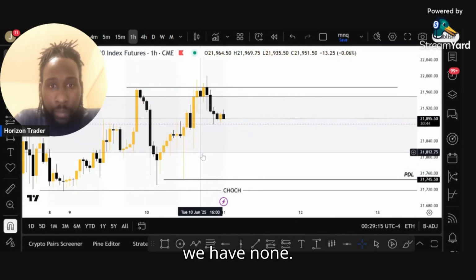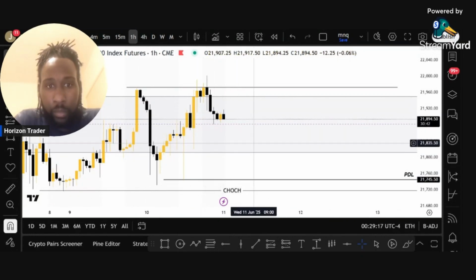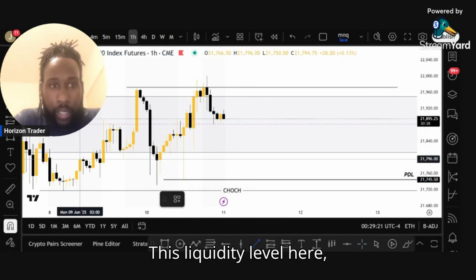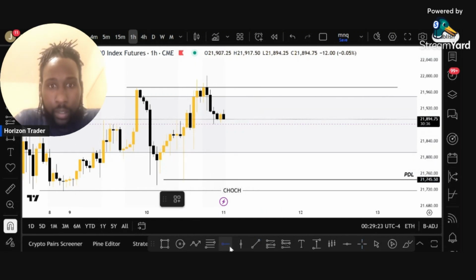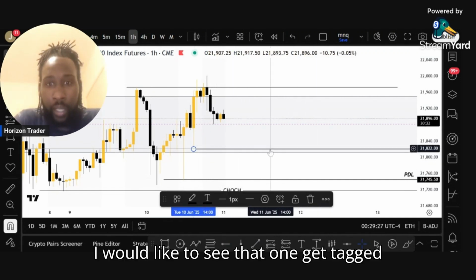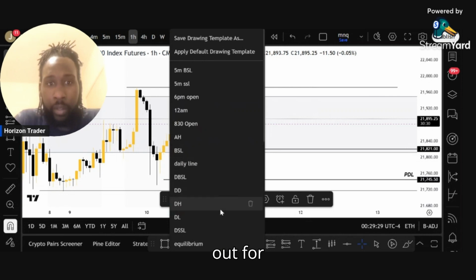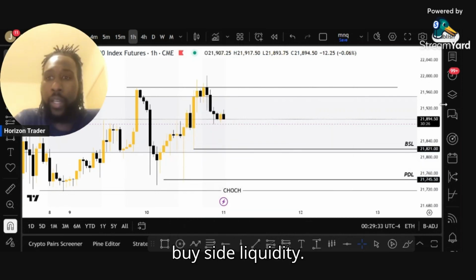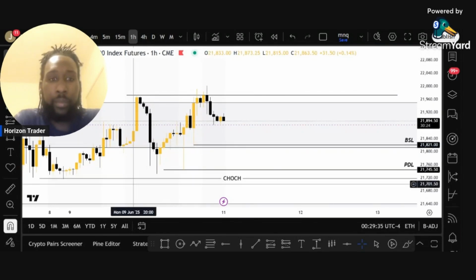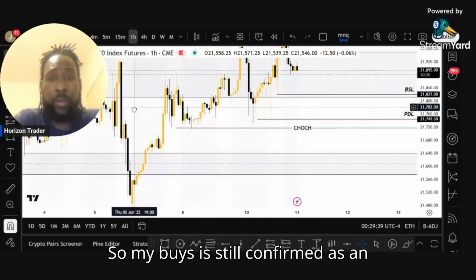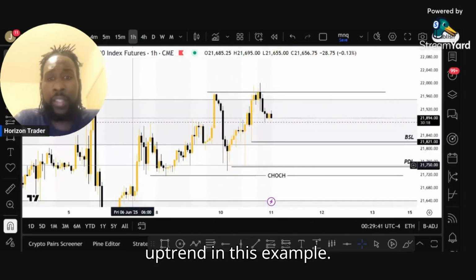We have none. This liquidity level here, I would like to see that one get tagged out for making a move up. So I'll mark that as buy side liquidity. So my bias is still confirmed as an uptrend in this example.